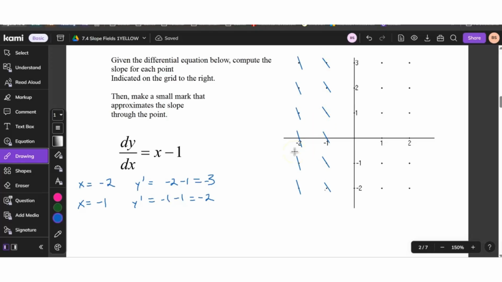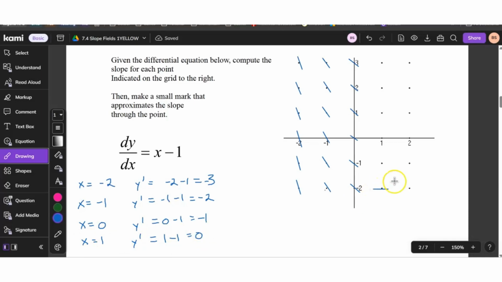Amazing. All right. What about if x is 0? Exactly. So now it's even easier. Okay. What about if x is equal to 1? 0.